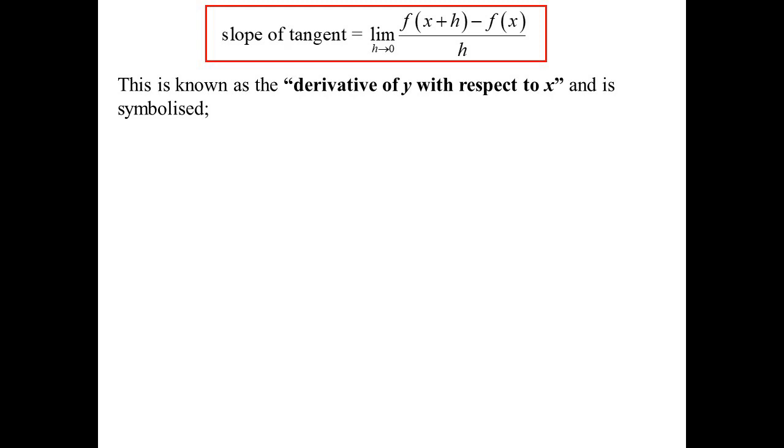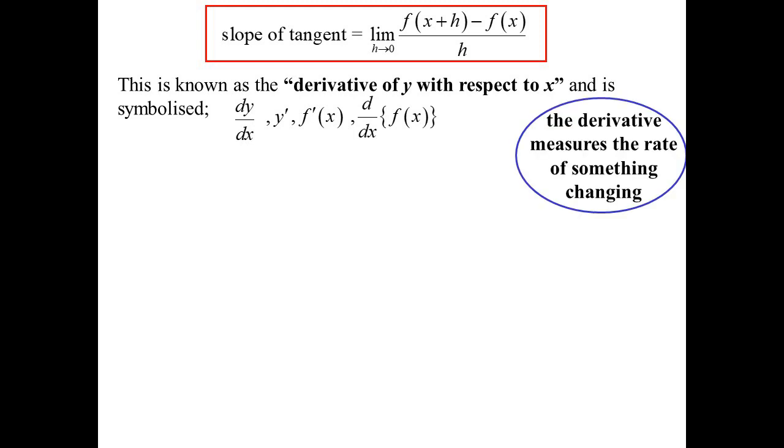Symbols we use for the derivative: dy dx is a very common one. The letter d, I guess, comes from the Greek letter delta, and delta is often a letter we use to signify change. A y dash, or an apostrophe, f dash x, and sometimes we just say d dx, and then we say the function that we're referring to.